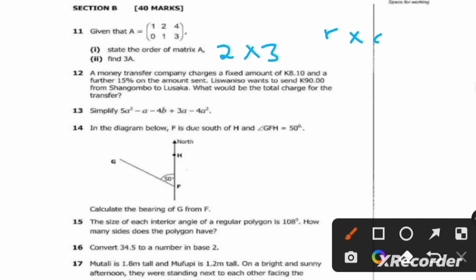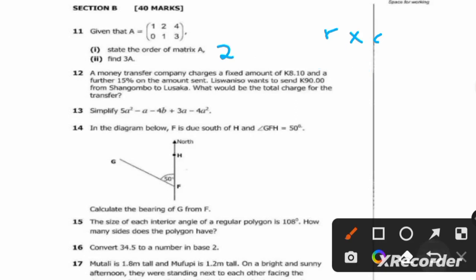So the order of this matrix is 2 by 3 matrix. So this is our answer. We move on to the next question.